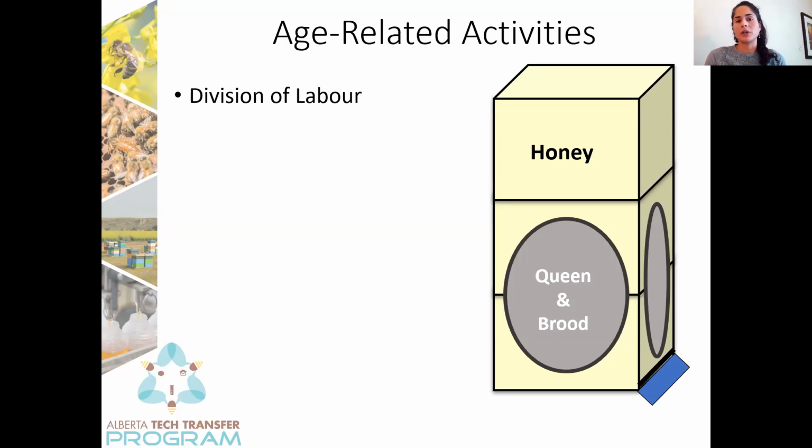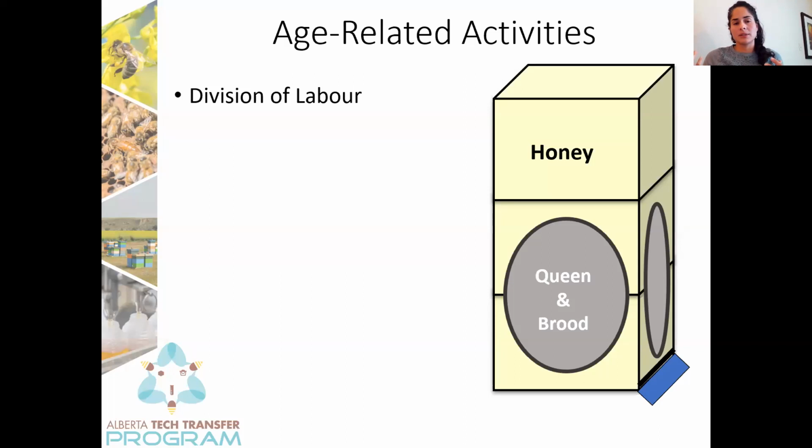They also have what we call the division of labor. What that means is that bees of different ages will perform different tasks. As bees age, as they get older, they will change their tasks, and in some way, the task that they will do kind of grows into them.